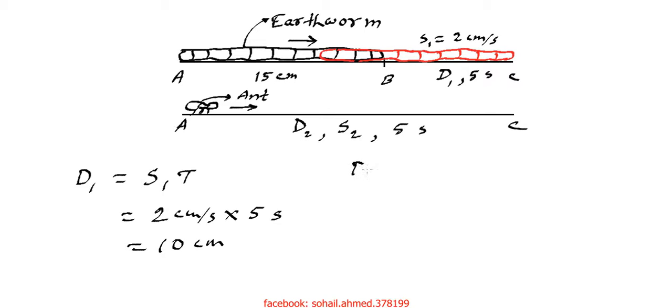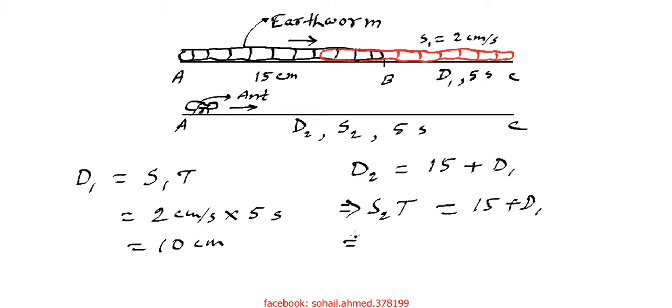Now we can write d2 equals 15 plus d1. Implies d2 is s2 into t equals 15 plus d1. Time is 5 seconds, right?